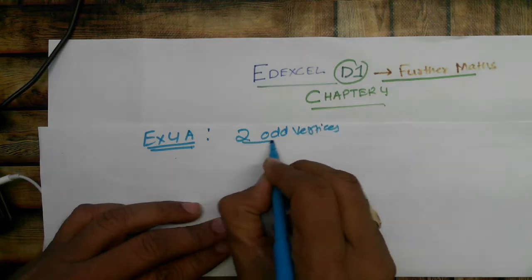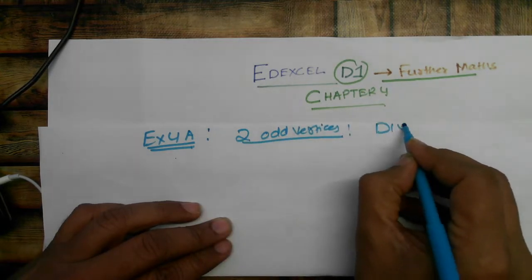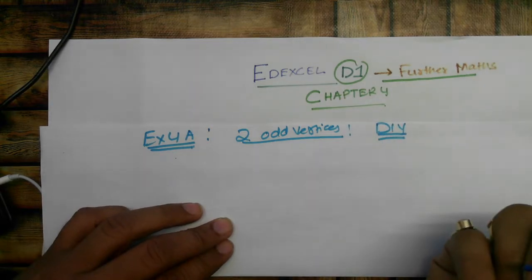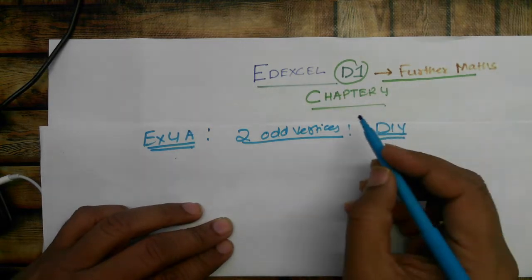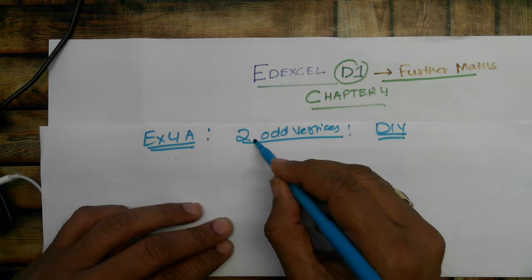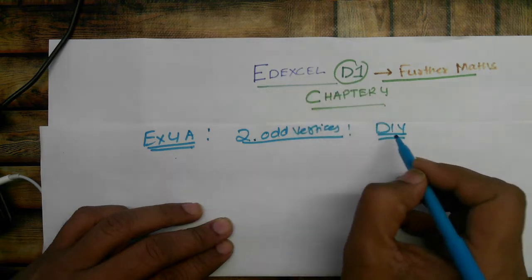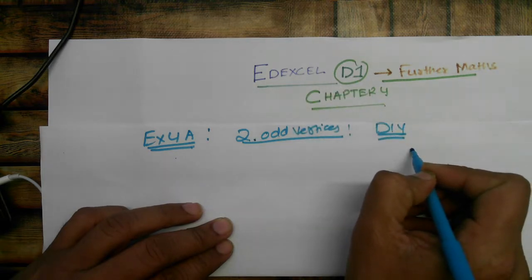I'm going to leave that for you to do yourself because it is easy. When there are 2 odd vertices, you start from either of them, and you should be able to traverse the graph and come out at the second odd vertex.